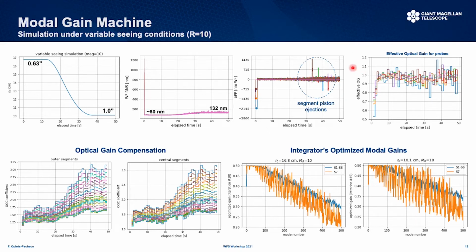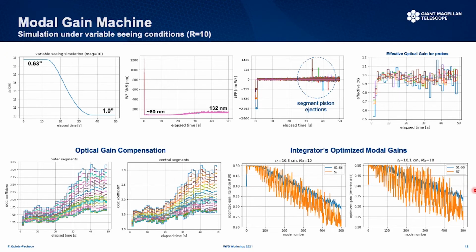We can see that the effective optical gain is maintained throughout the whole simulation close to 1 as intended, and this is thanks to the update of the optical gain compensation coefficients that we can see they increase as the seeing deteriorates.